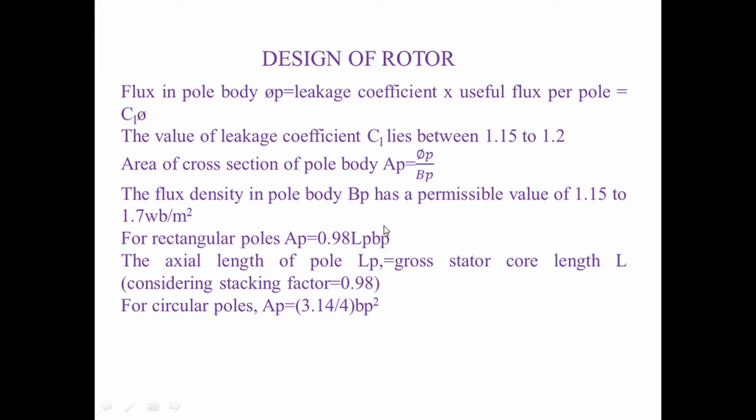So normally for rectangular poles, AP, that is area of the pole body, is taken as 98% of LP into BP. The axial length of the pole LP is almost equal to the gross stator core length L, considering the stacking factor as 0.98. For circular poles, area of cross section of the pole body is taken as 3.14 divided by 4 into BP square, that is pi into BP square divided by 4. That is circular poles, correct.